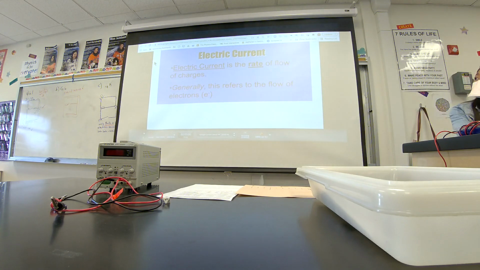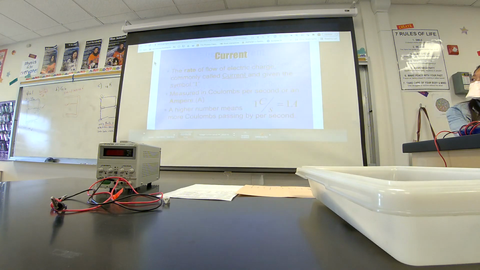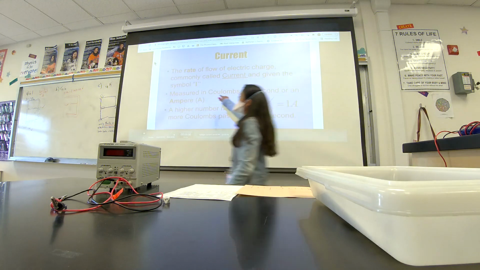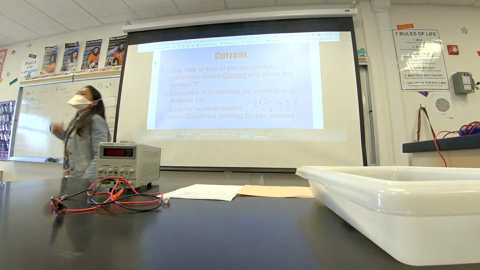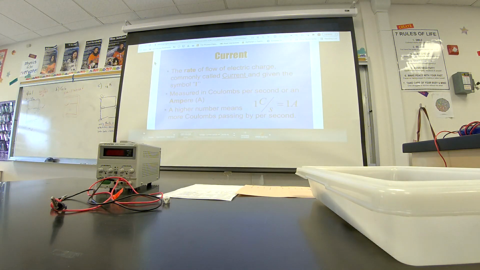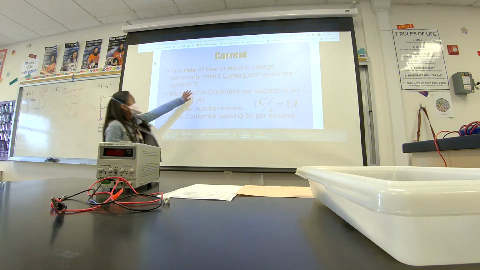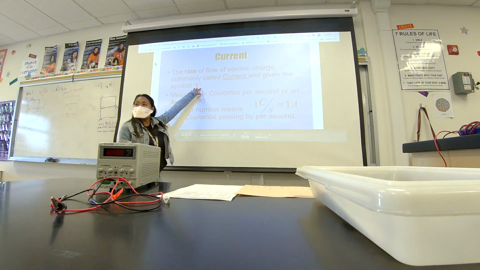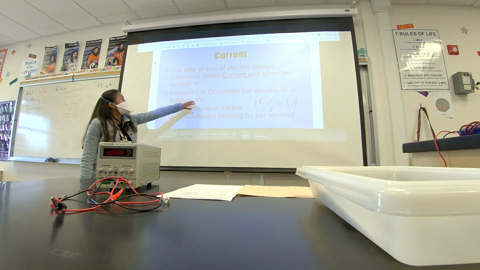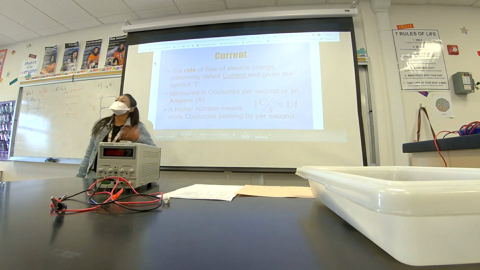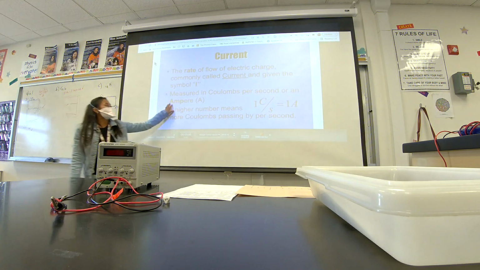The other thing I want you to include is that we use I, capital I, to represent current in our equations. We already used capital C for Coulomb, so we had to think of another variable, and I was the one that the scientists came up with. So I is your variable for current in your equation, and A is the unit we use, which is amperes.